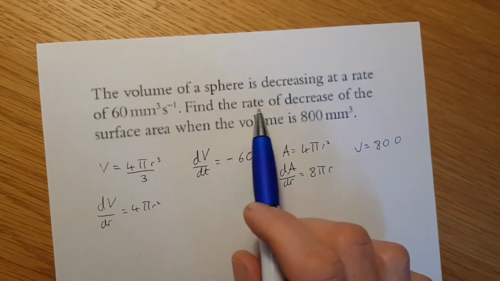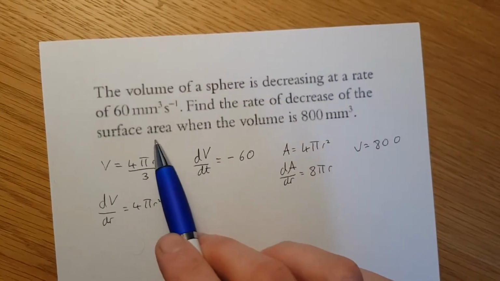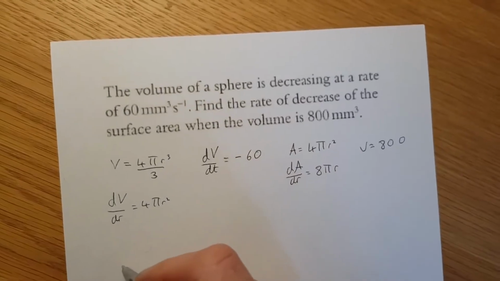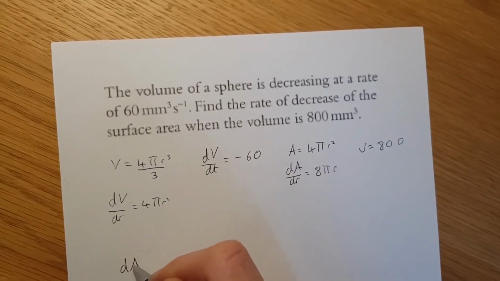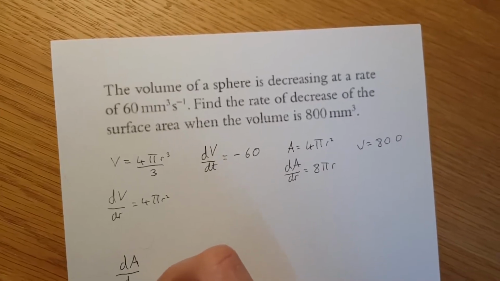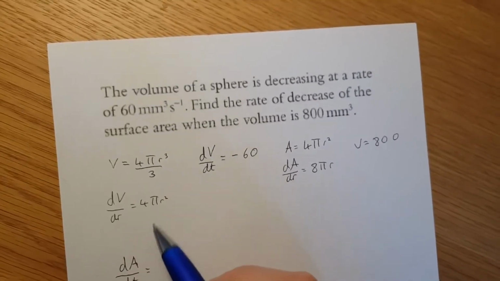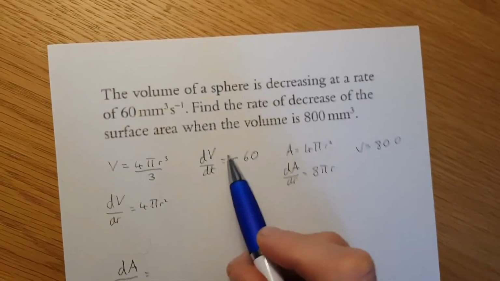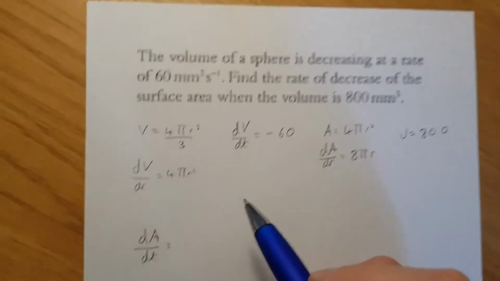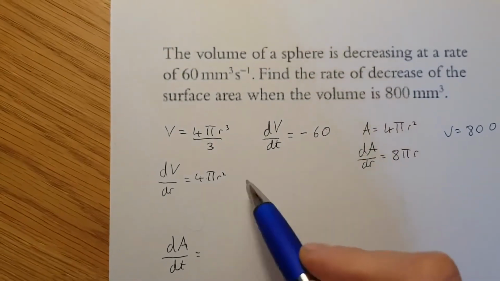And the question is, find the rate of decrease of the surface area. So I am after the rate of change of the surface area, so what is dA by dt. And I can use these known facts here, here and here to work out dA by dt.